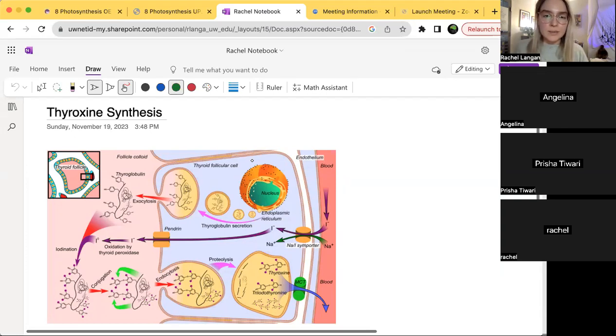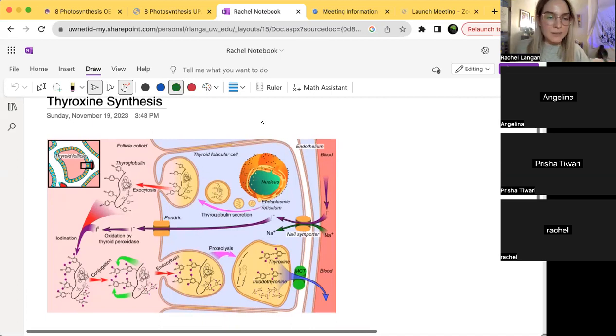So first, you should know the steps of how thyroxine is synthesized. Thyroxine is synthesized in the thyroid, and you need two things to synthesize it. You need thyroglobulin, and you need iodide.